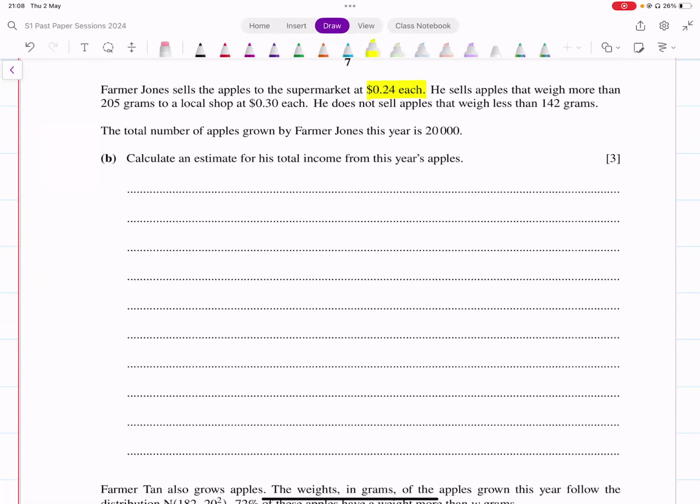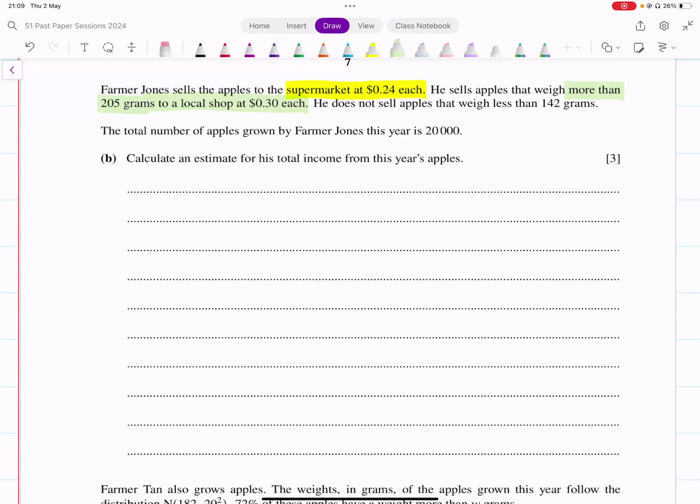Apples that weigh more than 205 grams, they are sold to a local shop at $0.3 each. And the apples that weigh less than 142 grams, they are not sold. The total number of apples grown by Farmer Jones this year is 20,000. Calculate an estimate for his total income from this year's apples.